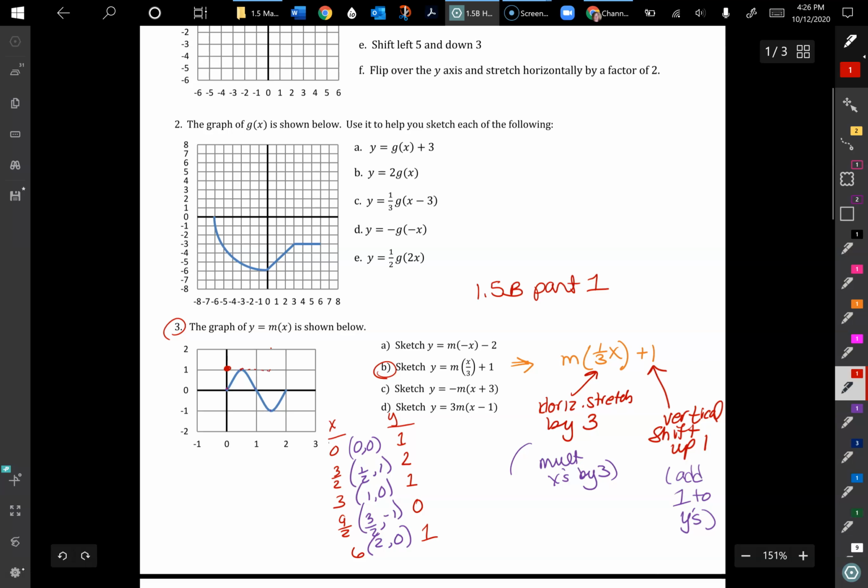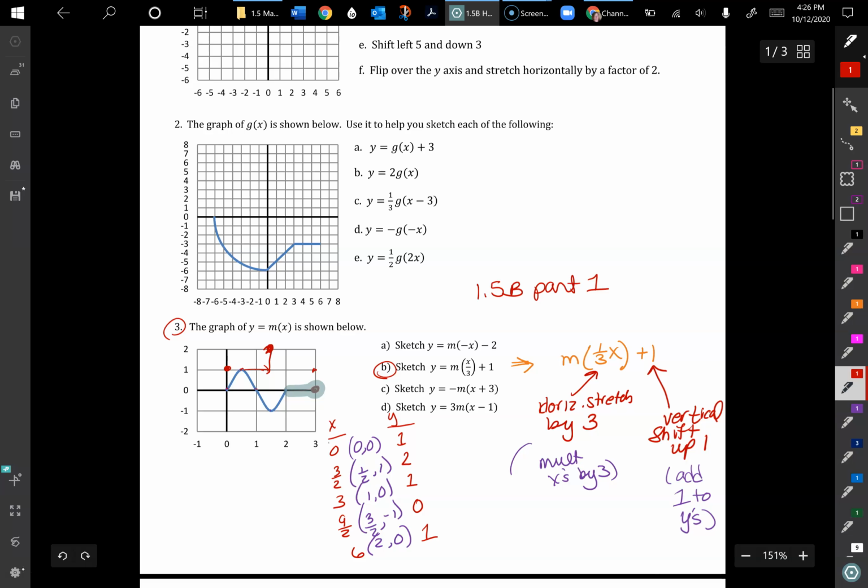So see how I can just move it over this way and then up 1 and then plot. And now for the 1, 0, again, I'm multiplying by 3. So now that's going to go over to here to be on 3. And then I'm going to shift up 1.